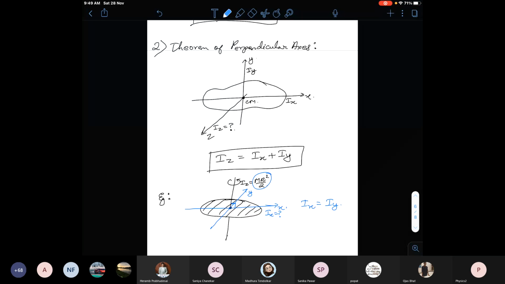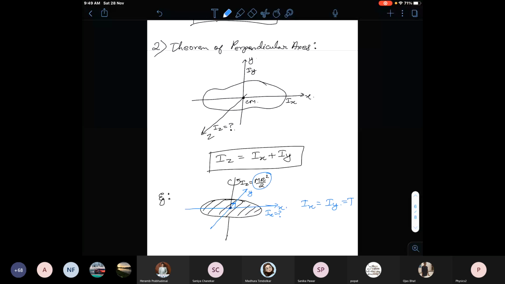The disk is completely divided in half along the x axis also, along the y axis also. The manner in which it will rotate is the same along x and along y. So I can say that the moment of inertia about x and about y will be equal.